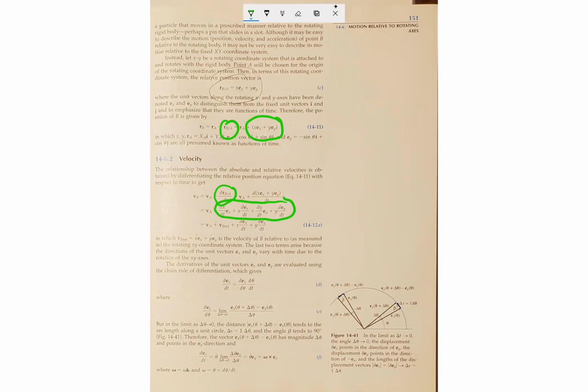So this is the result of the derivative of b relative to a over dt. Now, in the end, what happens? We end up with a velocity of b relative term, and then this x d e sub x over dt and y d e sub y over dt. Now, where did this come from?